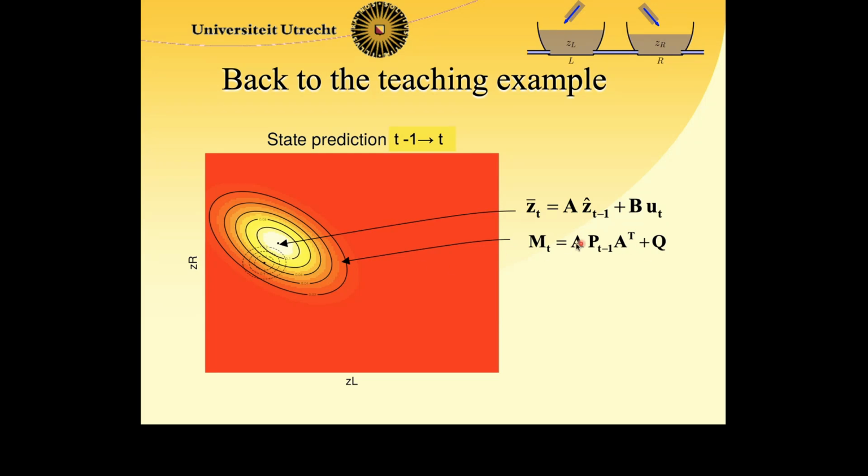And this is the associated uncertainty. Again, these are lines of equal probability density from a multivariate Gaussian probability density function with mean equal to Z hat at time t and the covariance equal to M.